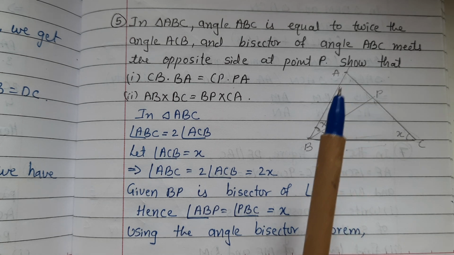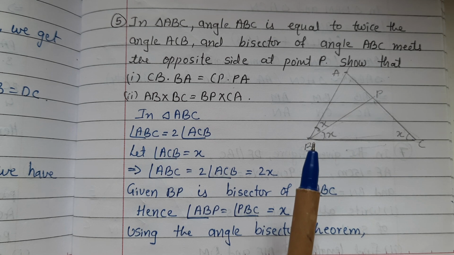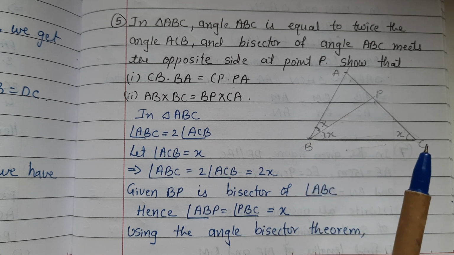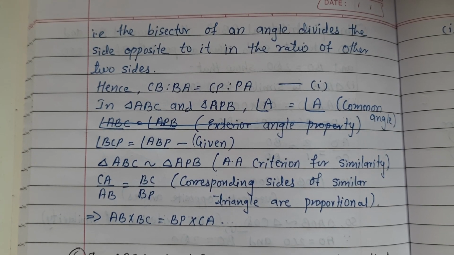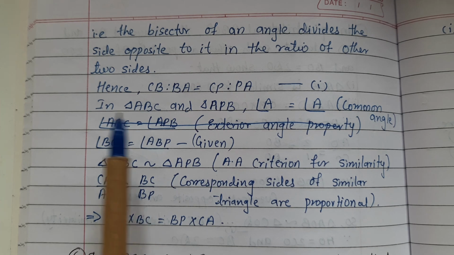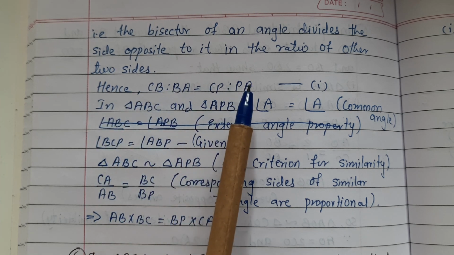Therefore, angle APB equal to angle PBC equal to x. Using the angle bisector theorem, the bisector of an angle divides the opposite side in the ratio of the other two sides. Hence, CB is to BA equal to CP is to PA.